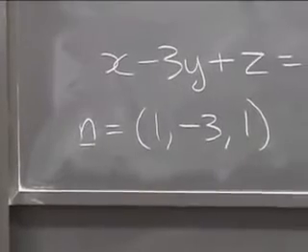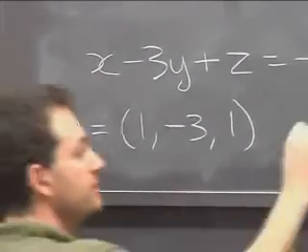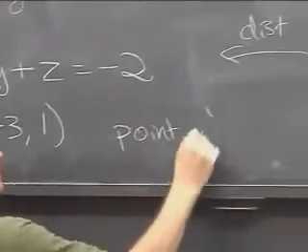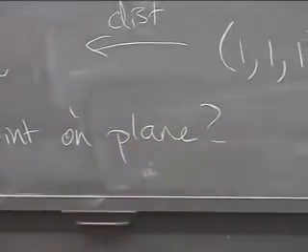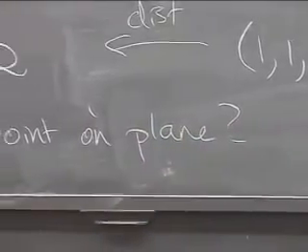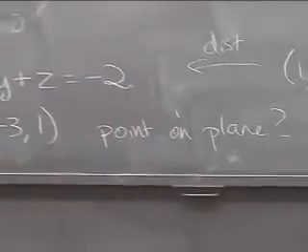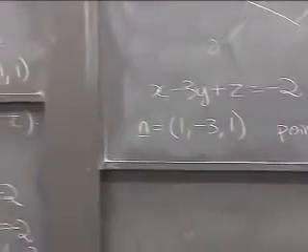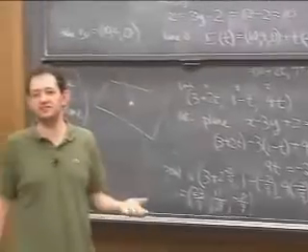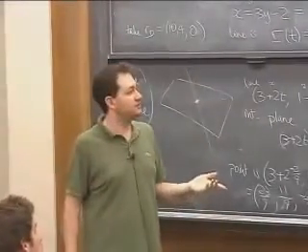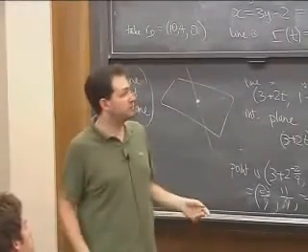And I do need a point on the plane. Well, how am I going to do that? Again, this is a case where you can let any of the coordinates be 0. In fact, what's a point on this plane that you can just easily see? 0, 0, negative 2. Or it could be negative 2, 0, 0.